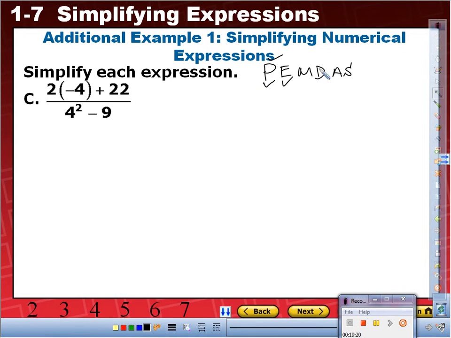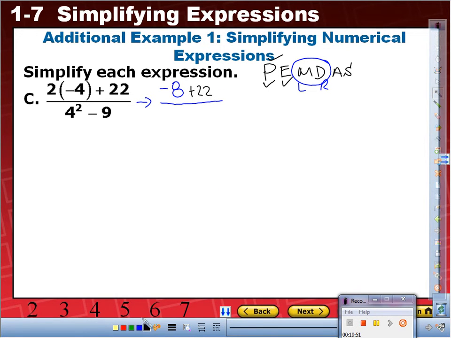No. So therefore, I circle multiplication and division, going from left to right on the numerator. Do I have multiplication and division? Yes. So what is 2 times negative 4? Here I want you to draw an arrow, sketch your bar, and this is negative 8. And bring over the plus 22.